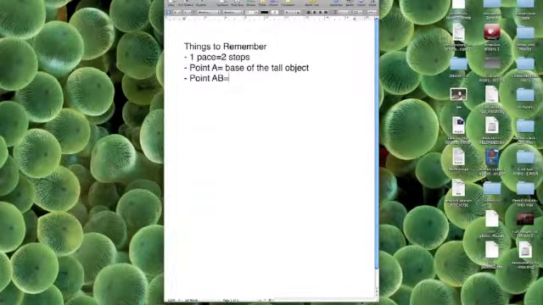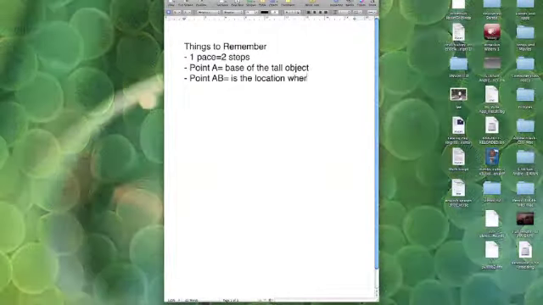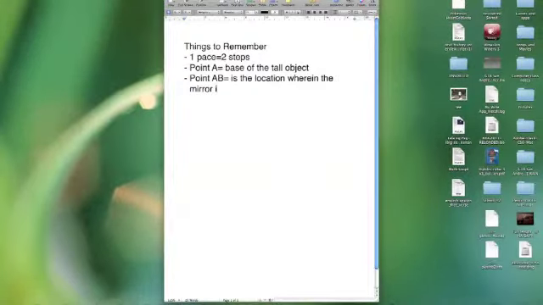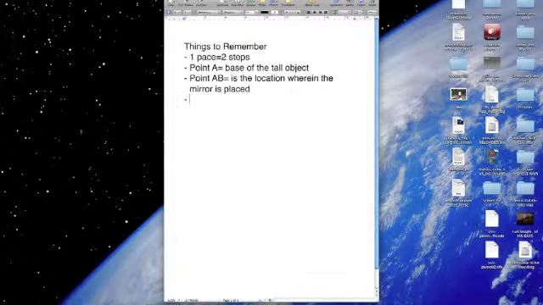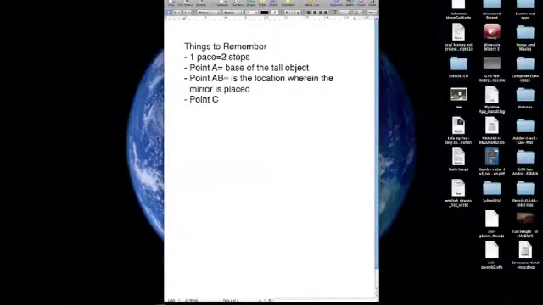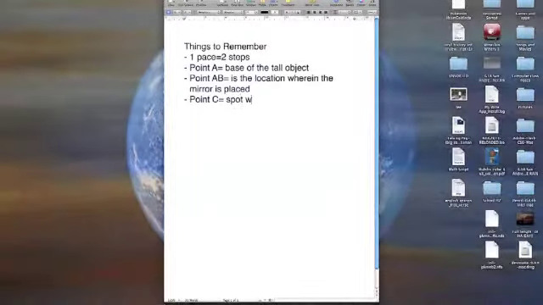Point AB is the location wherein the mirror is placed. And point C is a spot wherein Lance can see the top of the tall object in the mirror.